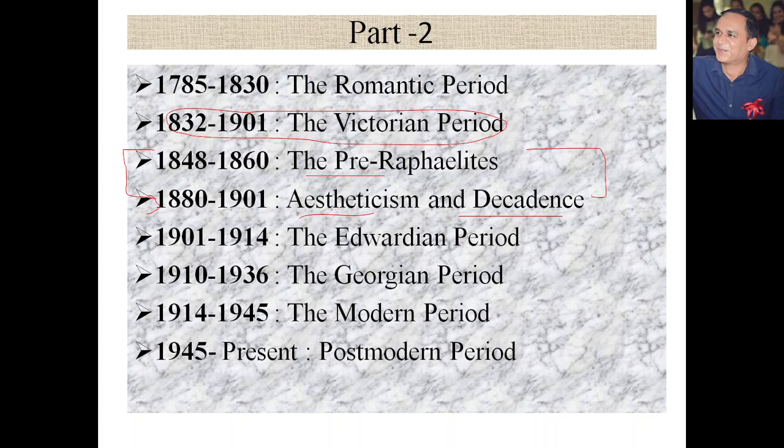We also divide it as the pre-war period, that is before 1914, and then the interwar period, that is from 1914 to 1945, and we also call the post-war period the post-modern period, that is after 1945. So this is what we are going to cover in the second video, and for the time being, let us discuss the Old English period.